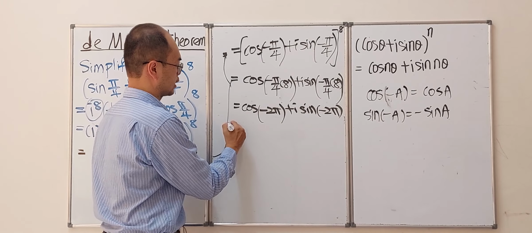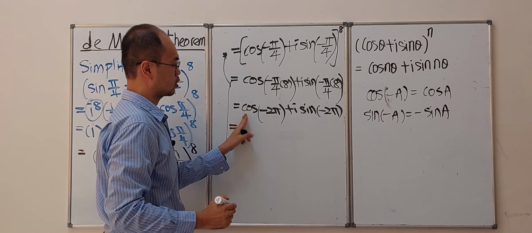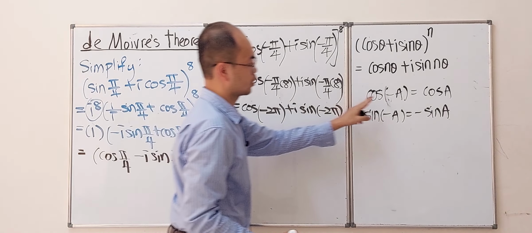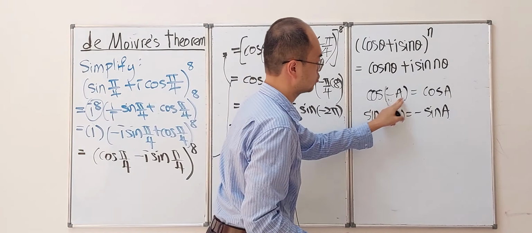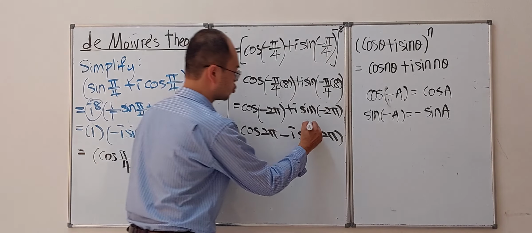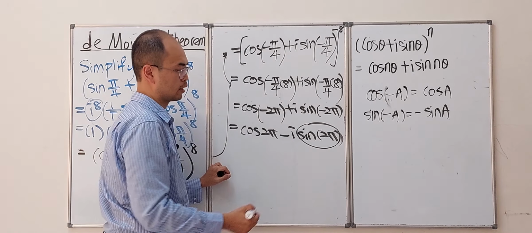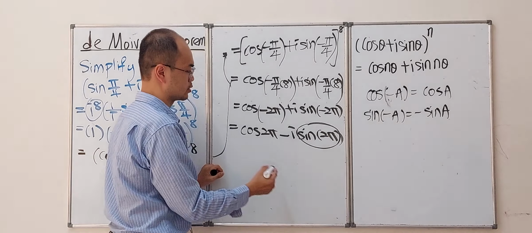As you know, cos negative 2 pi is cos 2 pi, whereas sine negative 2 pi is the same as negative sine 2 pi. So sine 2 pi will be 0. Sine 360 is 0.